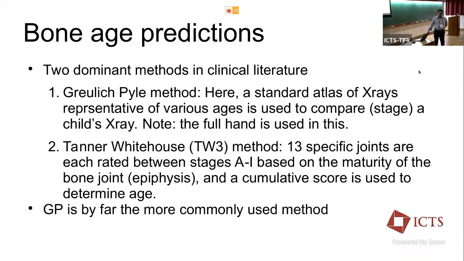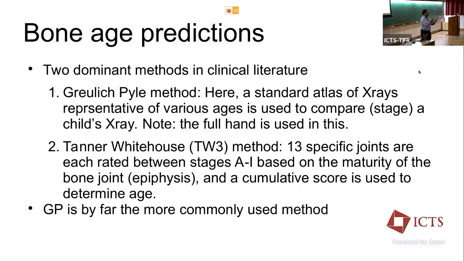So the standard Greulich-Pyle method takes a standard set of X-rays. It's an atlas of X-rays of children whose hands have been X-rayed at various ages. And the job of the clinician, when you're looking at a new X-ray and asking what is the likely age of this child, is to compare it against the library of images in the Greulich-Pyle atlas.